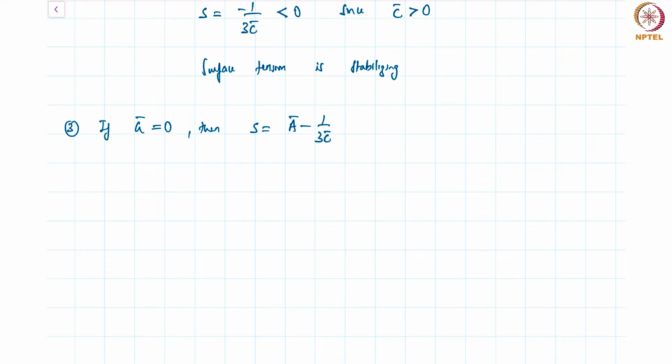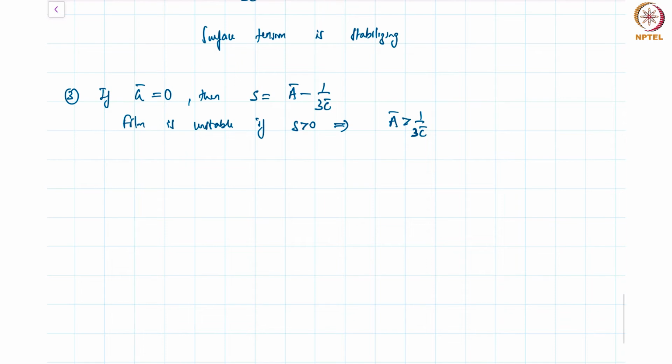So we can conclude that the film is unstable if S is greater than 0, and this would happen when A bar is greater than 1 by 3C bar. Right?